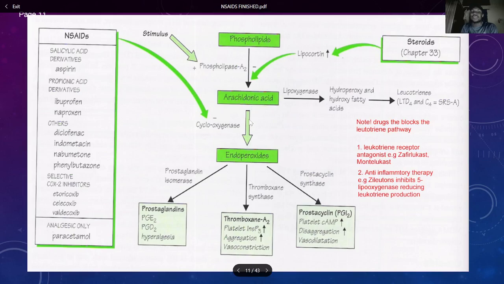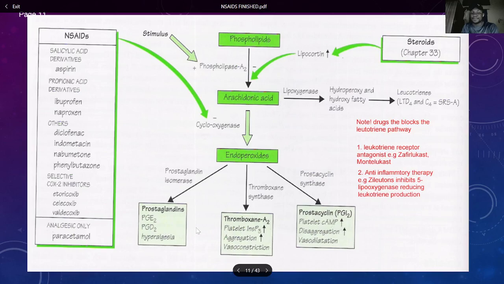When acted upon by cyclooxygenase, it produces endoperoxide. When endoperoxide is acted upon by prostaglandin isomerase, it produces prostaglandin. On the other hand, if endoperoxide is acted upon by thromboxane synthase, it produces thromboxane A2. If acted upon by prostacyclin synthase, it produces prostacyclin.